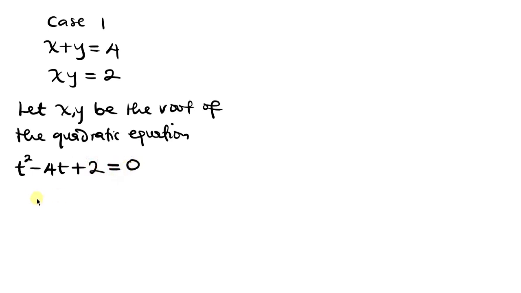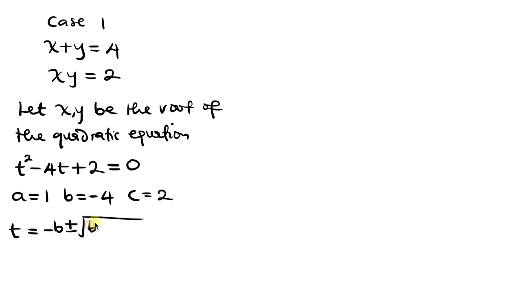So we're going to be using the general formula to solve this, which is the quadratic formula. Our a here is the coefficient of t squared, and that's 1. b is the coefficient of t, and that's -4. And c is the constant term, which is equal to 2. So t now becomes, by the quadratic formula, -b plus or minus the square root of b squared minus 4ac, all divided by 2a.